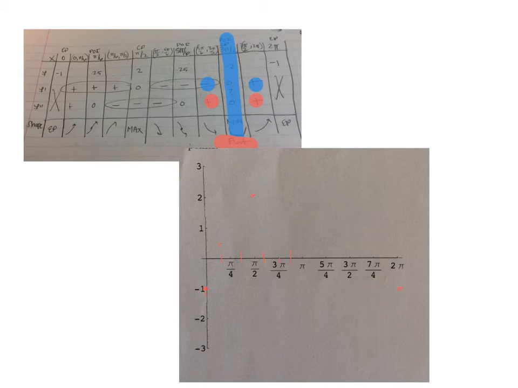And then 5 pi over 6. Oh, goodness. All right, so 5 pi over 6 is more than pi. So again, let's break this in half. And then 1, 2, 1, 2, 3, 4, 5, 6.